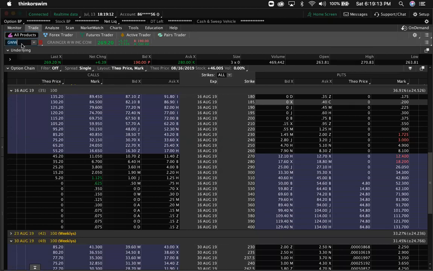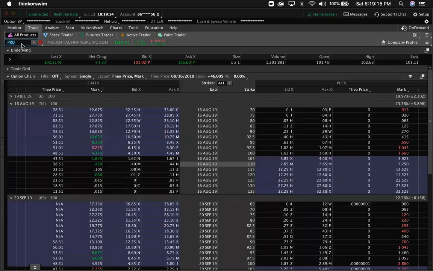This was GWW, so let me put PRU. So this week I'm looking at the 100 calls and the 105 calls. Besides the 105, we'll probably have to wait until Wednesday or Thursday. The reason I say this is because the max low on this one would be to wait for at least a nickel and don't pay over 10 cents.